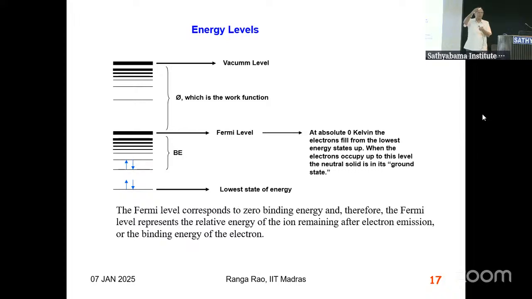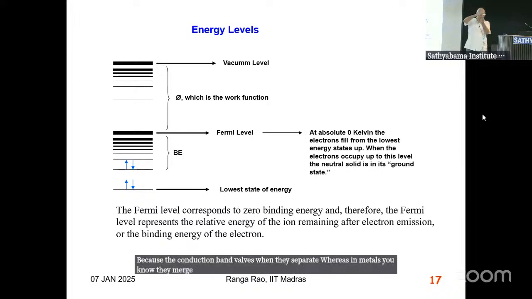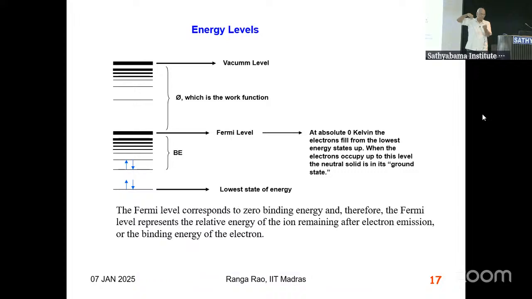That is because the conduction band and valence band separate, whereas in metals, they merge, right? So when they separate, the Fermi level has to be defined in a different way. No, this is related to metal.